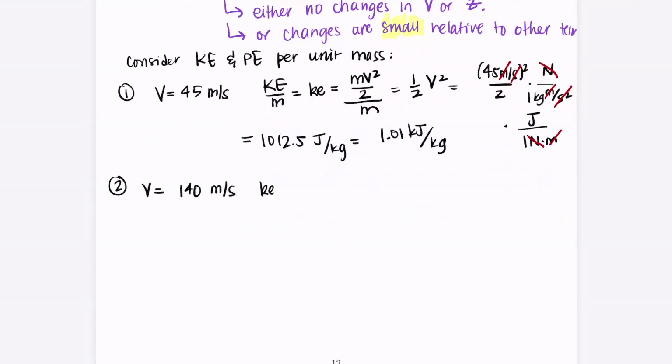Here our kinetic energy per mass is 1/2 v squared, or 140 meters per second squared divided by 2, and we already know this is joules per kilogram. What we get is 9.8 kilojoules per kilogram, so a bit bigger.